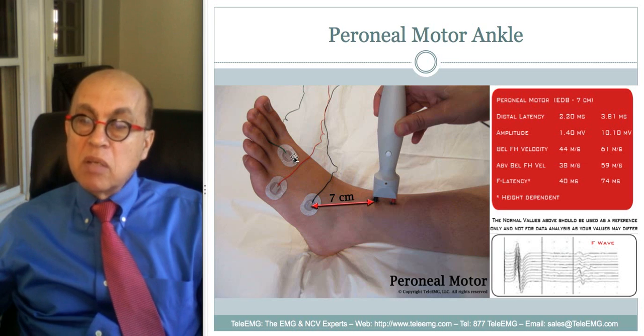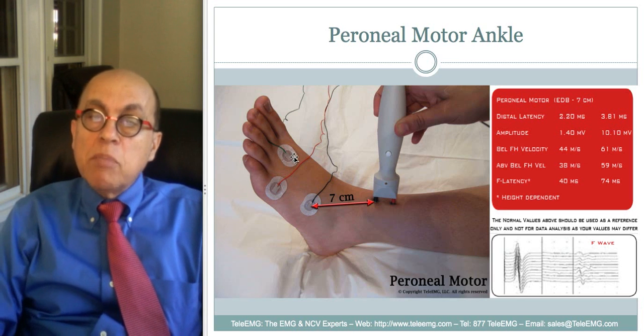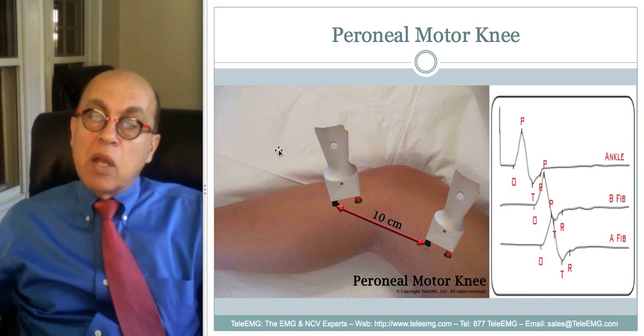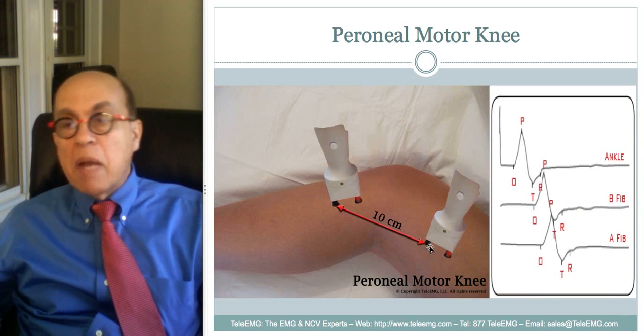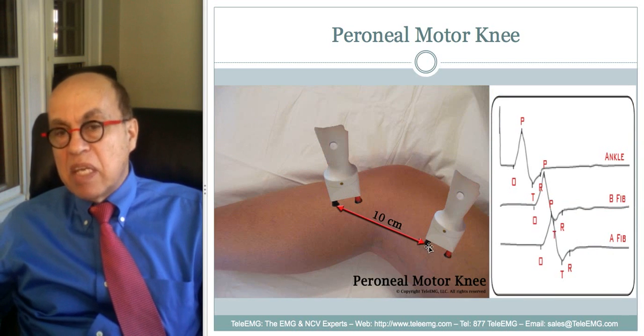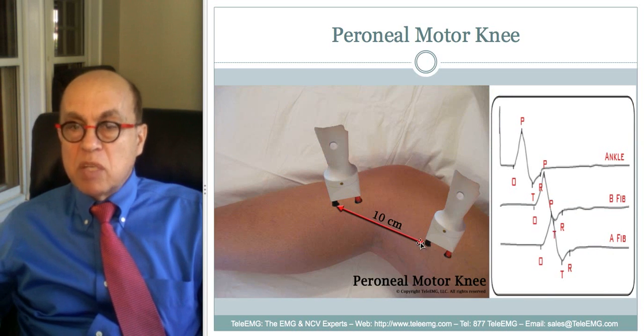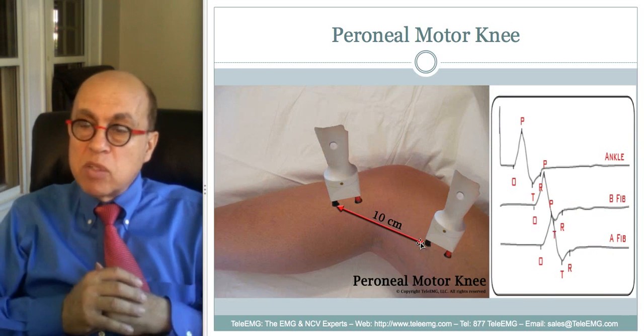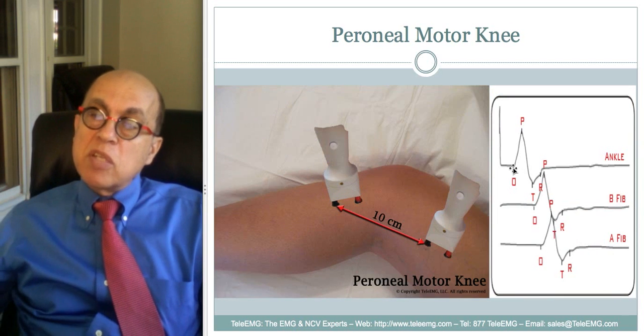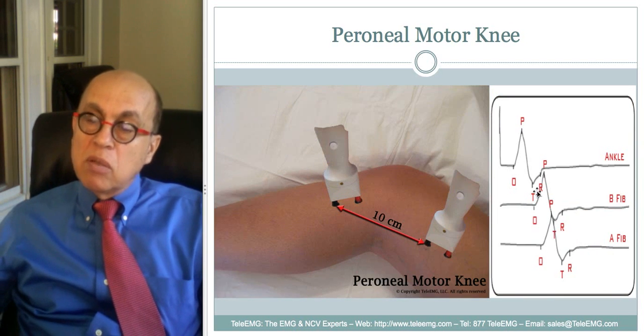and you see the ground here. Then we stimulate the peroneal nerve also below the fibular head and above the fibular head at the knee, essentially. And the distance we use between these two is 10 centimeters. Again, because we have good normal values for that. Now you see the three responses: the ankle, below the fibular head, above the fibular head.